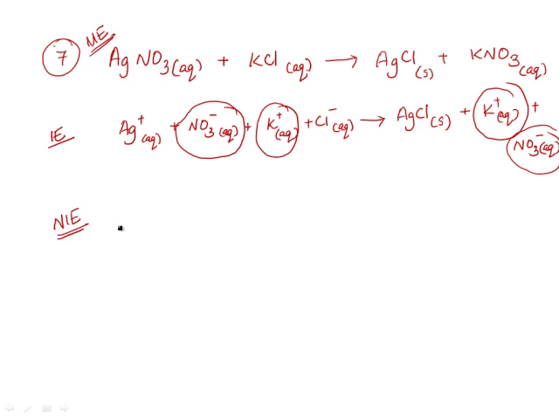So what are we left with if we do not include the spectator ions? Ag plus aqueous. And what else is on the left side? Cl minus AQ. And on the right side we have AgCl solid. That is the net ionic equation.